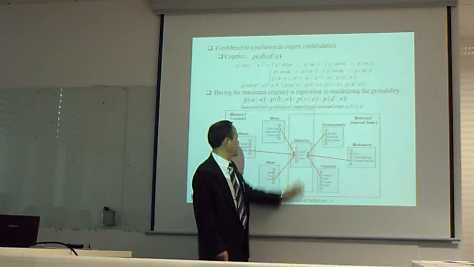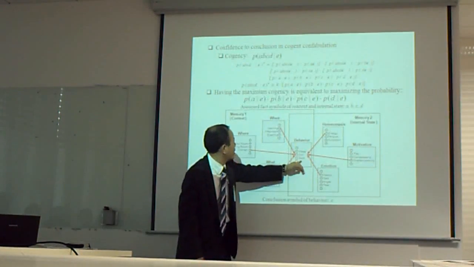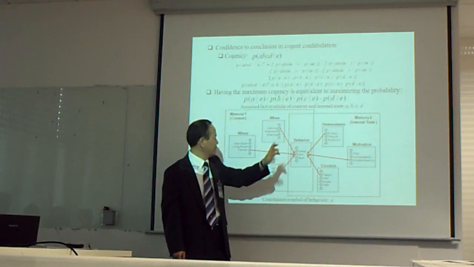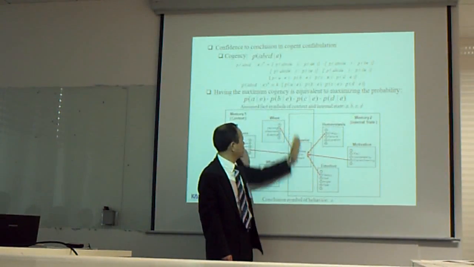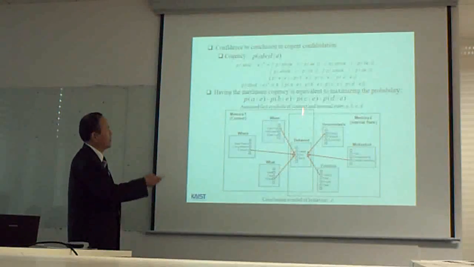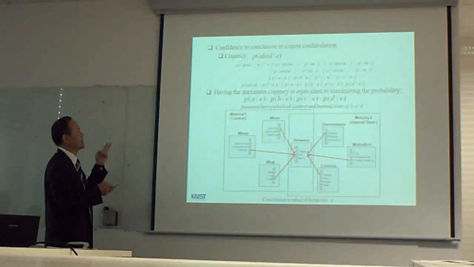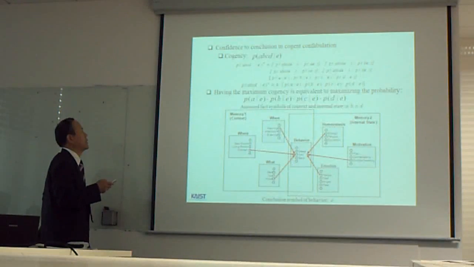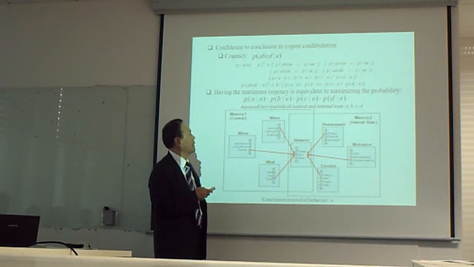This one is the target symbols, behaviors such as sleeping, eating, and barking, considering a canine animal, a dog. So these are the target symbols, the possible candidates of behaviors. And I classify two memories. The first one, memory one, is on context: when, where, what.